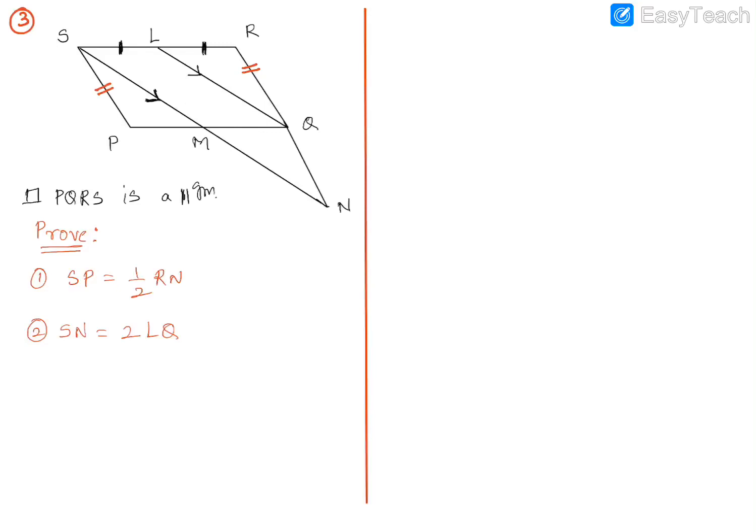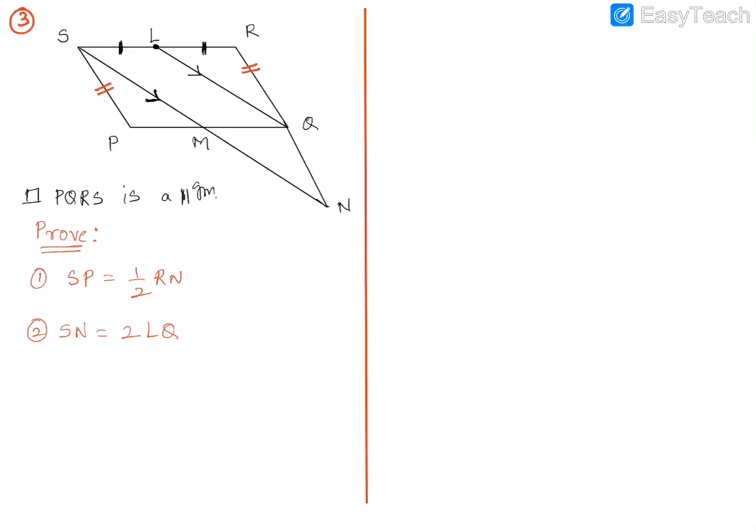Now guys, comes the converse of midpoint theorem. So in this problem we are going to make use of the converse also. Now what is the converse of midpoint theorem? In the converse, you can see we have started a line from the midpoint L. So what does the converse state?